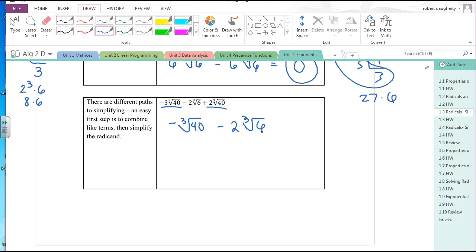What about 40? 40 is what? It's 20 times 2. Are any of those perfect cubes? No. It's what? 8 times 5? Is 8 a perfect cube? Yes. So I can write this as the negative of the cube root of 8 times 5 minus 2 times the cube root of 6.